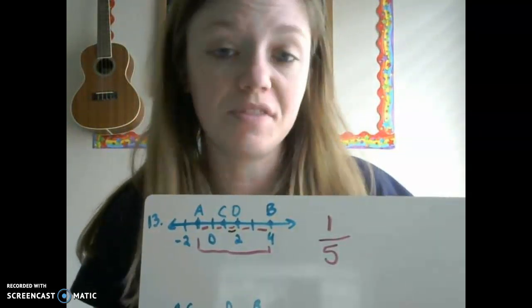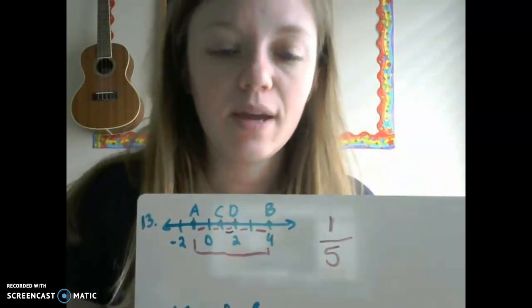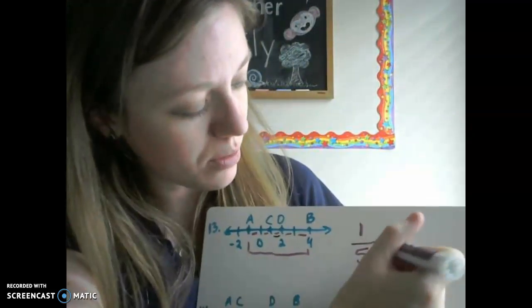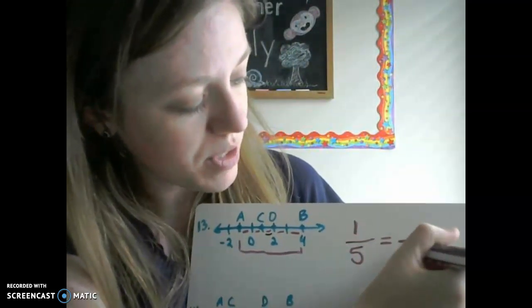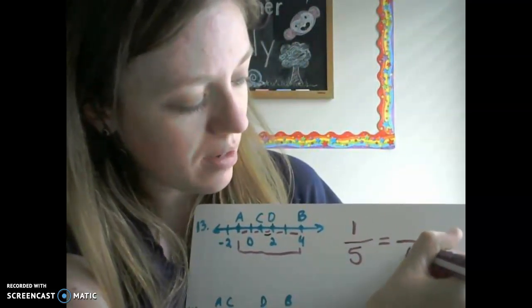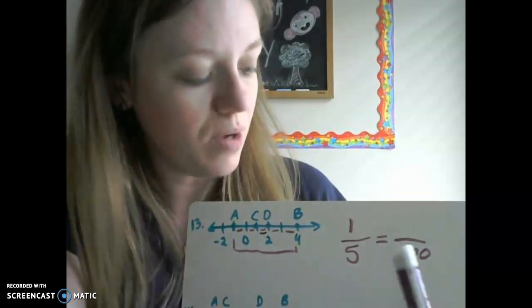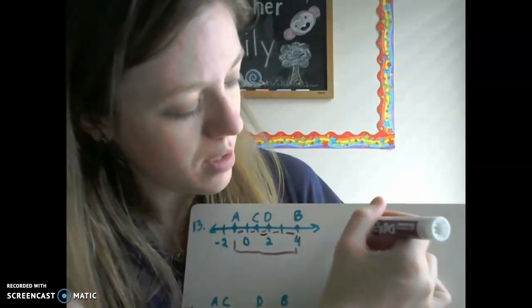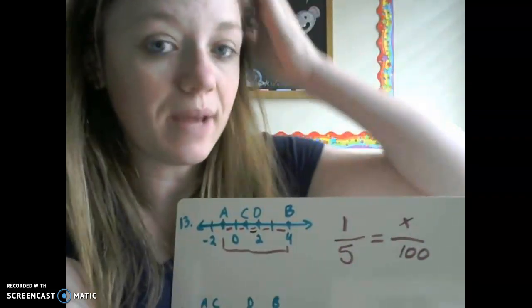You might know just off the top of your head what 1/5 as a percentage is, and if you don't, you can do this little equation really quick. Percents are how many out of 100. So 1/5 equals how many out of 100. Make this x. You can cross multiply.